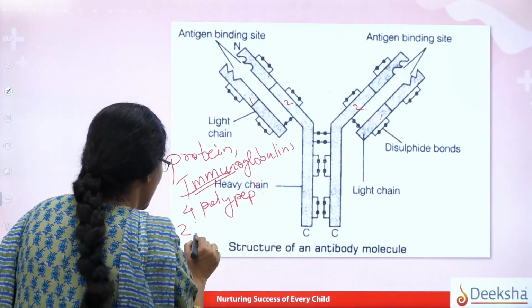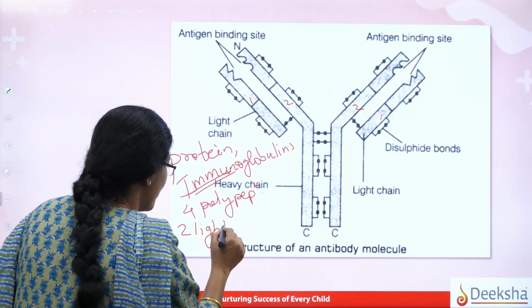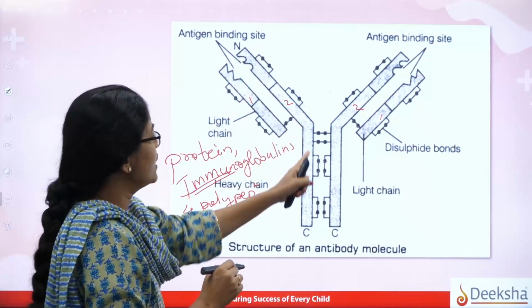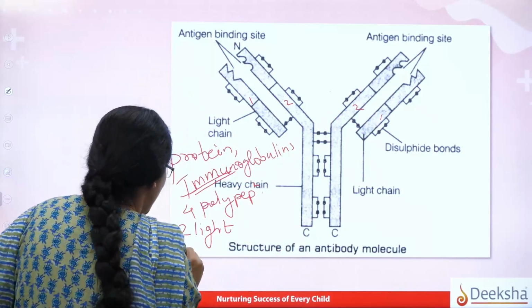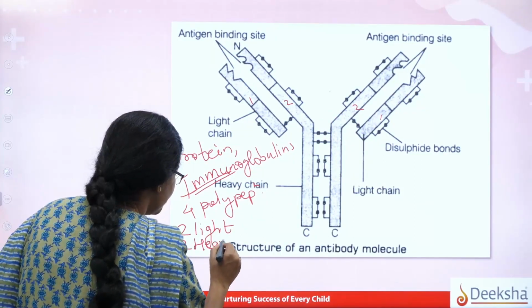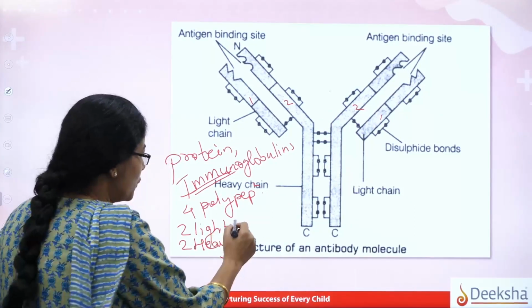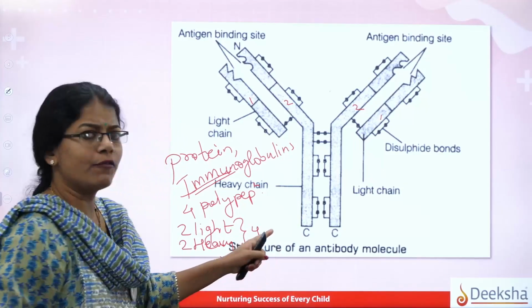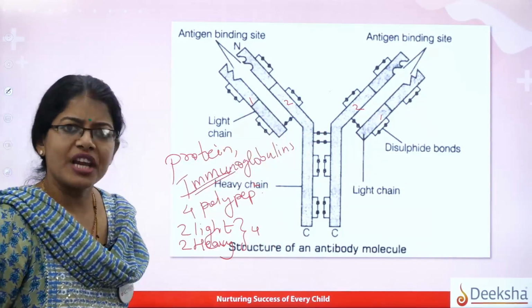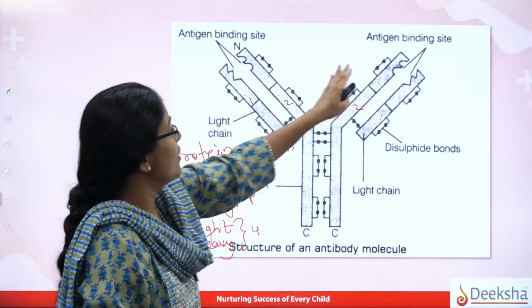So 2 light chains, 2 light polypeptides, correct? And these are the 2 heavy polypeptides. So you get the complete antibody having 4 polypeptide chains.